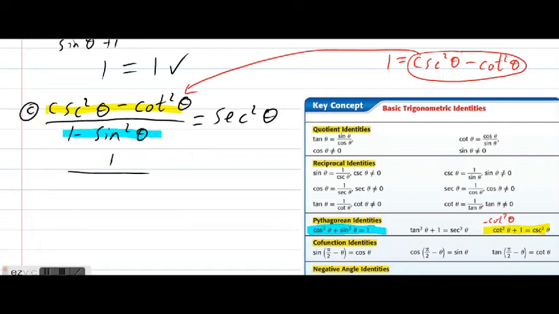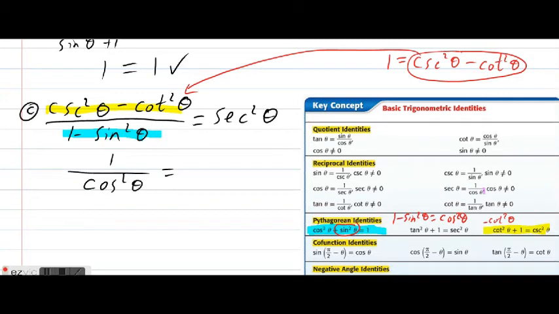Do you agree that if I subtract sine squared, I end up with 1 minus sine squared of theta equal to cosine squared of theta? Alright, well, then I'm going to replace that with cosine squared of theta. So I did 2 transformations in one step.